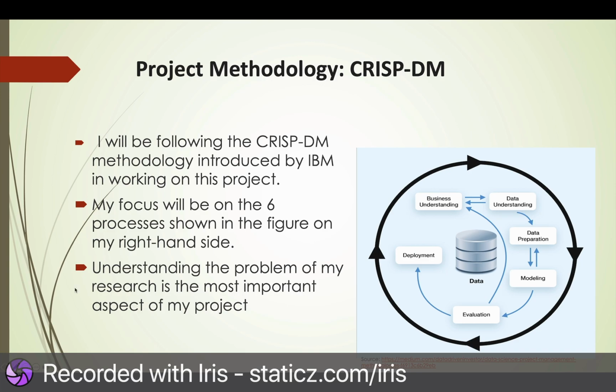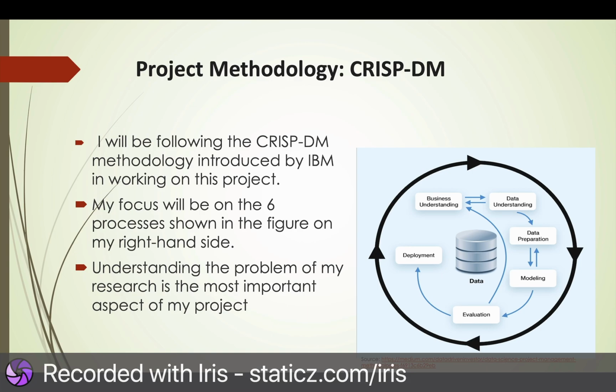So I decided to use the CRISP-DM approach, the IBM approach, which was introduced a number of decades ago, because it kind of augments my research. I've divided my research into six different areas. The first part is problem understanding.